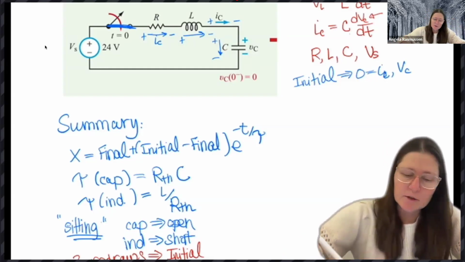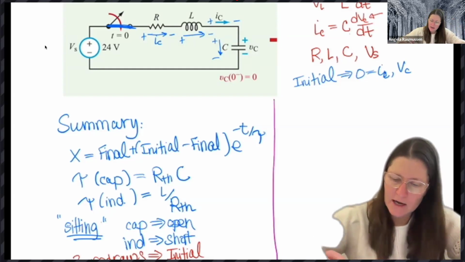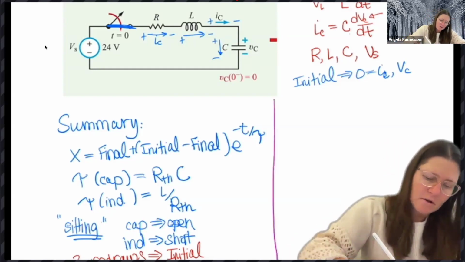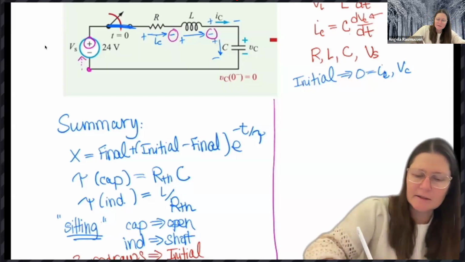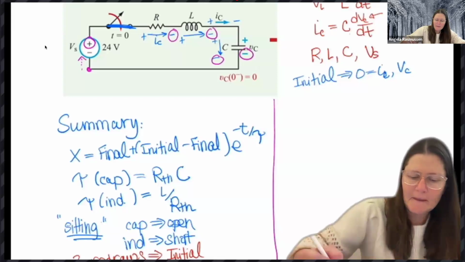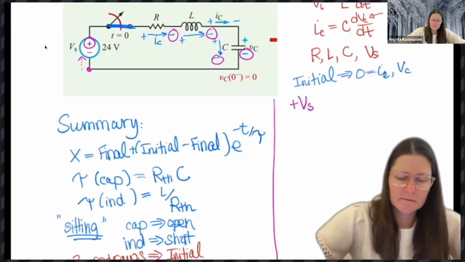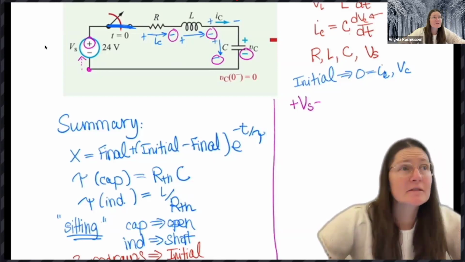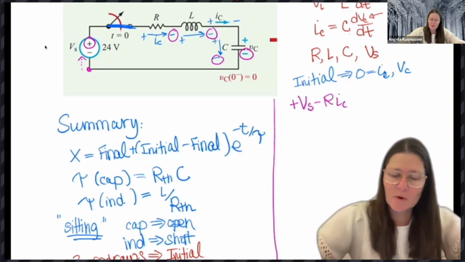Now if we take a loop, if I start here and go through in this direction, and I circle all my signs, I have plus VS minus, correct? And then what there?